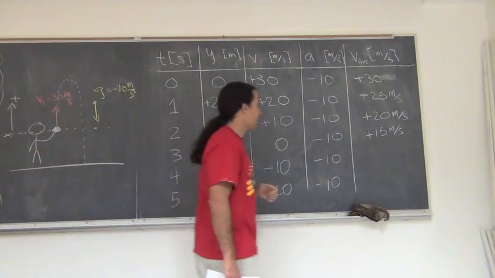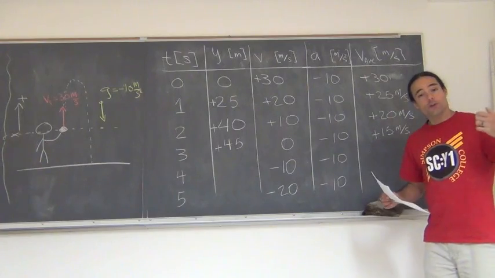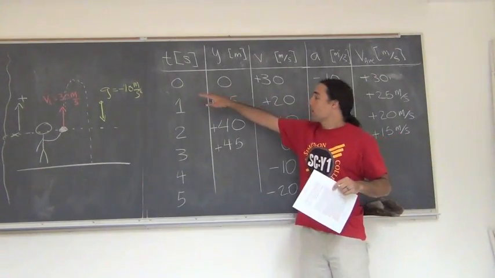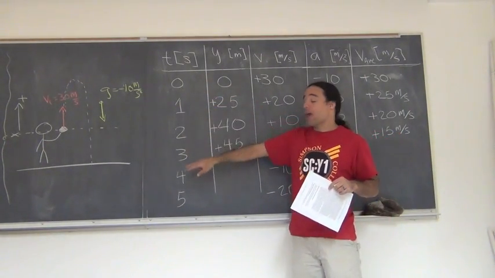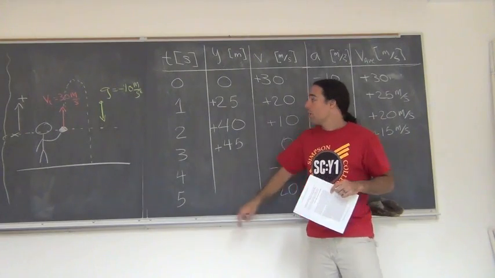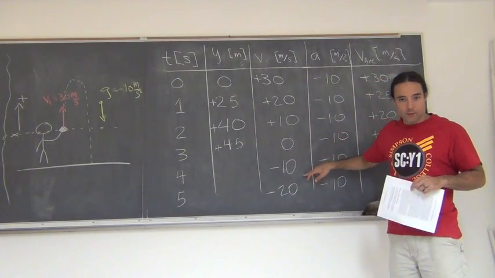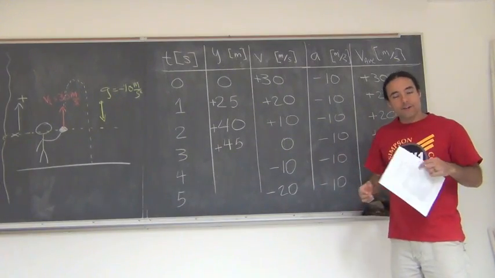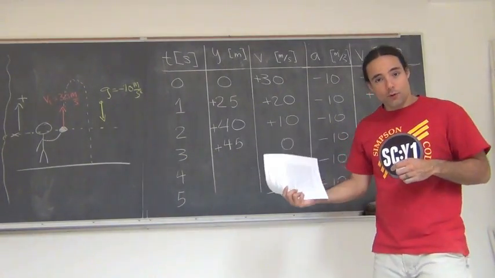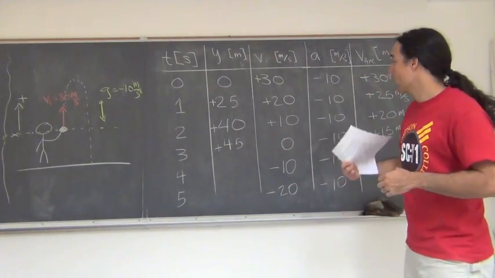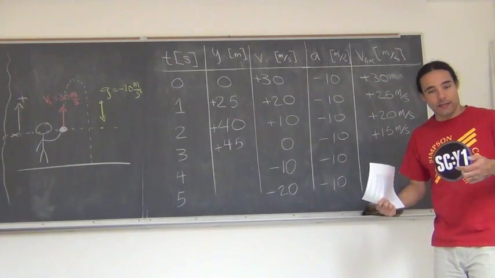Let's see what happens now. So what's our average velocity between 0 and 4 seconds? Well, I've gone from a speed of 30 meters per second to negative 10 meters per second. On average, how fast am I moving if I've gone from 30 meters per second to negative 10? 30 plus negative 10 is 20.